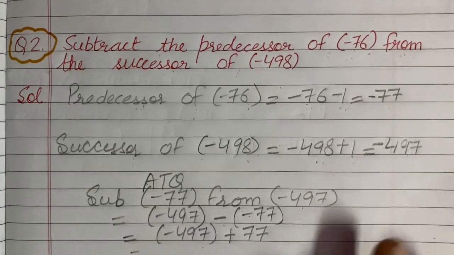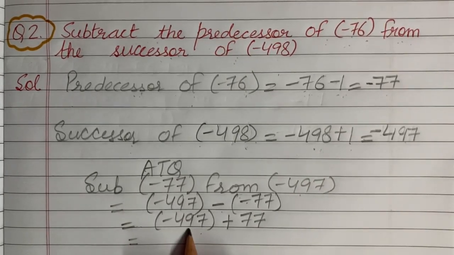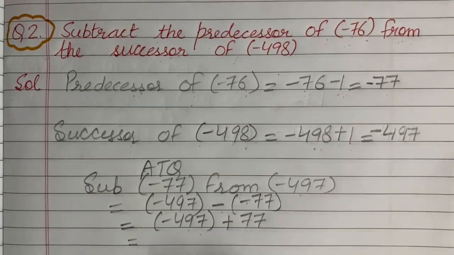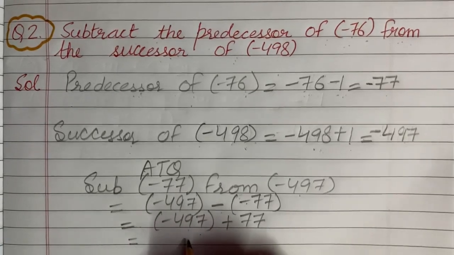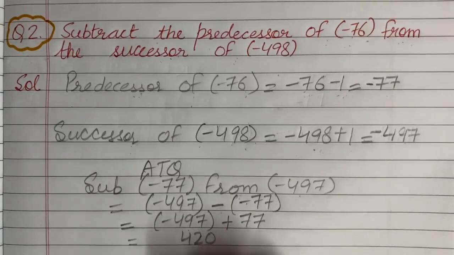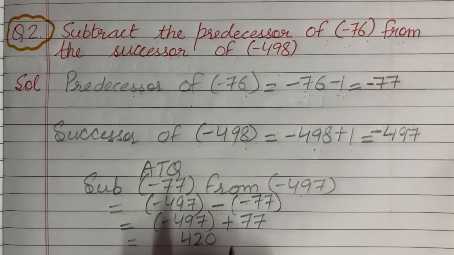Now here students, this one number is negative and the other is positive. So what we will do? We will subtract them, and on subtracting them, what we will get? We will get 420 as an answer, and here we have to be careful about the sign also. Which sign we will take?